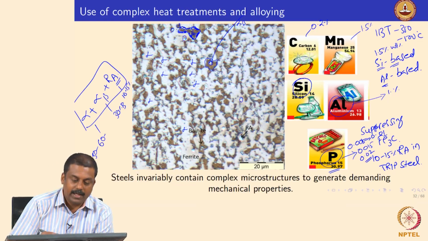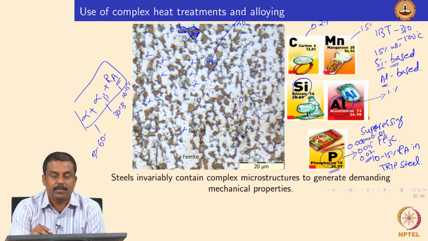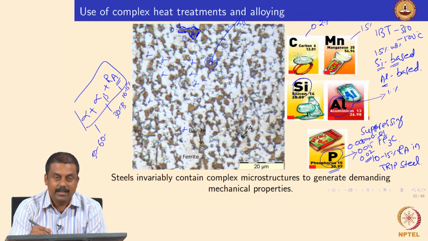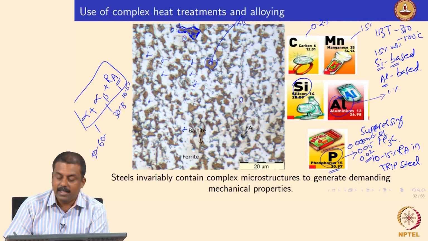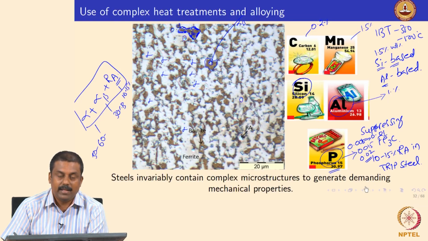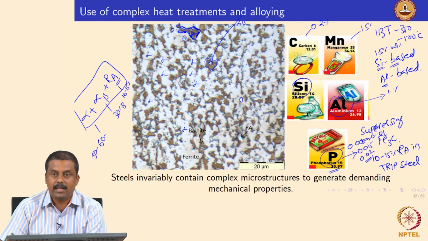Imagine such a complex heat treatment and alloying elements are needed to generate the beautiful microstructure we see in the slide. With this microstructure we achieve the demanding mechanical properties that I had explained, with high strength and ductility to make automotive components.